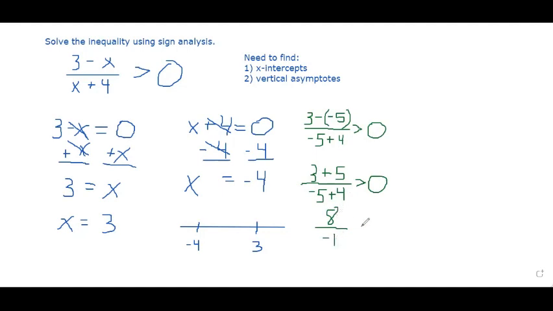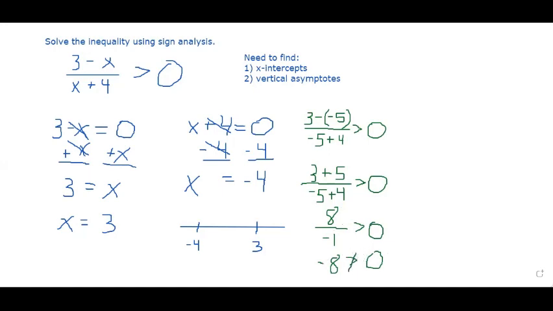So now we're going to see if 8 divided by -1 is greater than 0. If we divide a positive by a negative, that gives us a negative. So we have 8 divided by 1, which is 8, but then it's negative, so -8 is greater than 0. But is this true? Well, as we can see, -8 is not greater than 0.